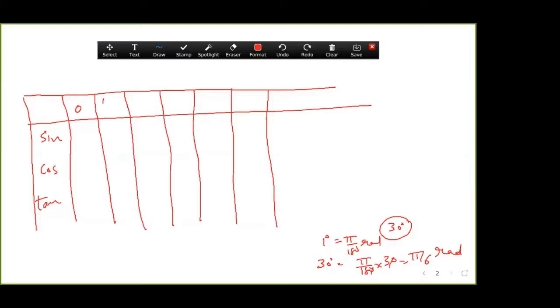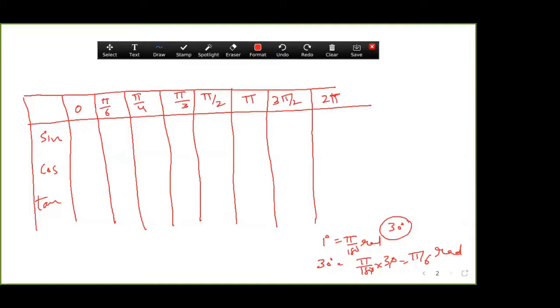So here I write pi by 6. Then 45 becomes pi by 4. Then 60, pi by 3. Then 90, that is pi by 2. Then 180 is pi. And 270 can be written as 3 pi by 2. And last, 360 can be written as 2 pi.